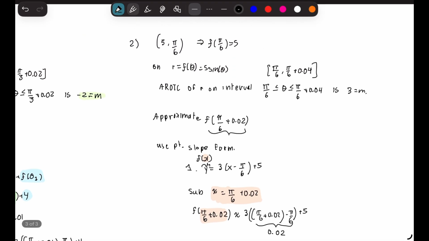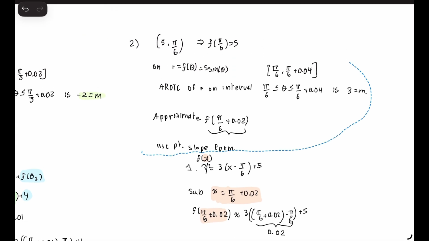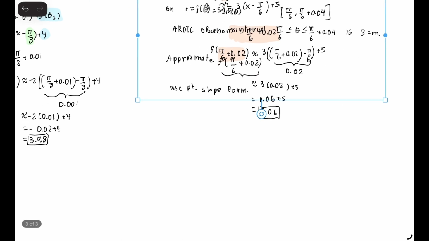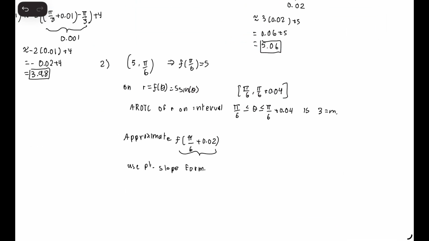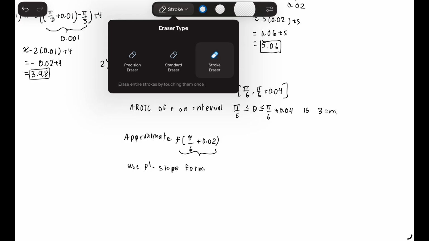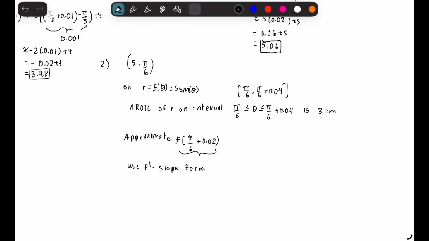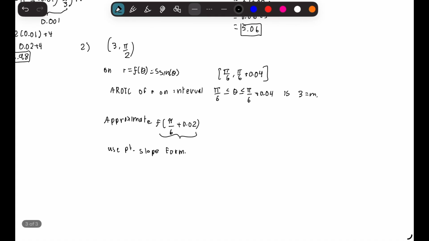Now, let's say in one last problem, that we have three pi over 2 on the graph of 3 minus cosine of theta from the interval of pi over 2 plus 0.02.